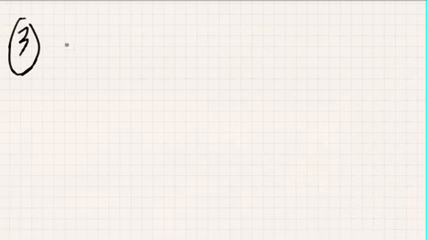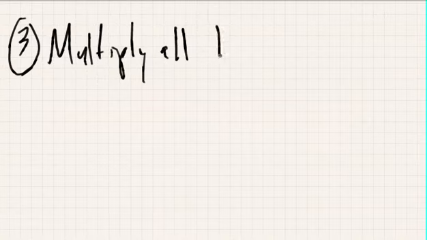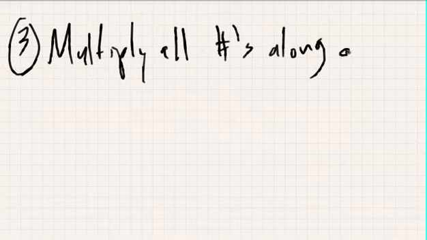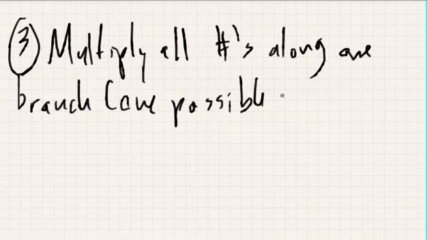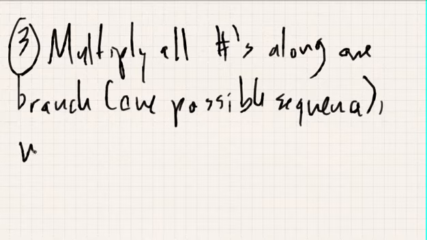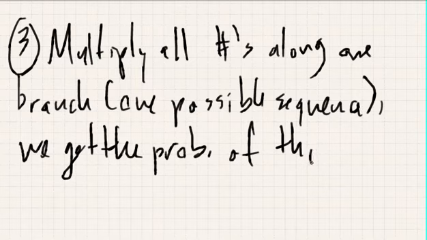And then third, if we multiply all of the numbers along one branch, one possible sequence of outcomes, we get the probability of this sequence of outcomes.